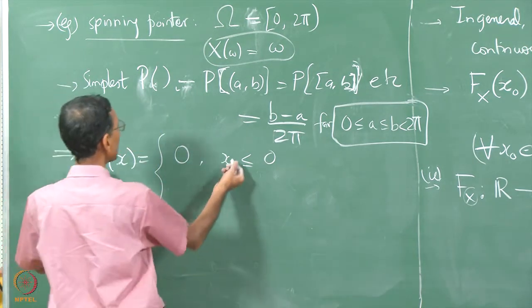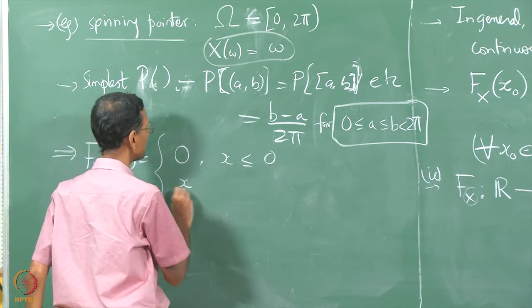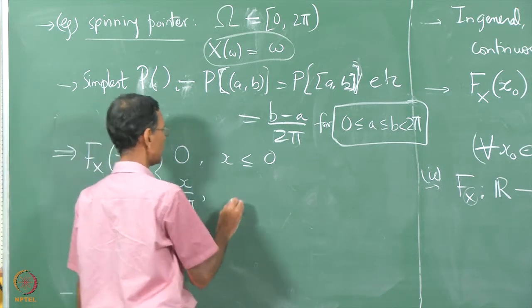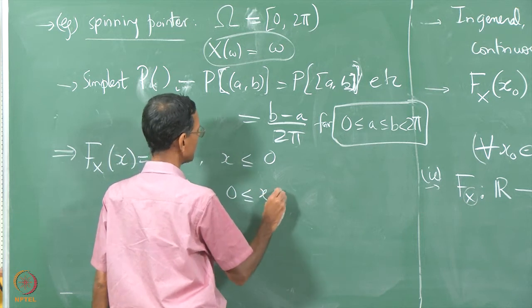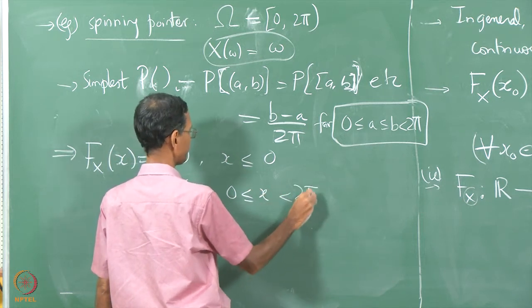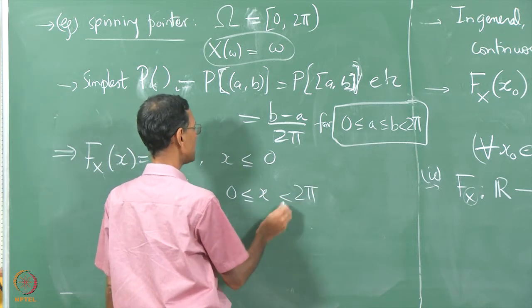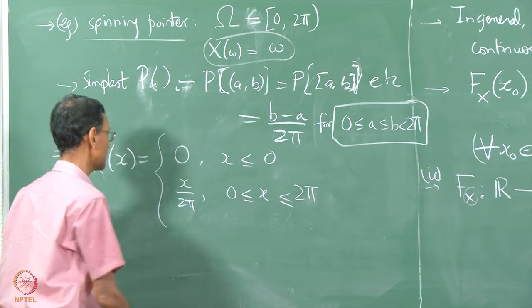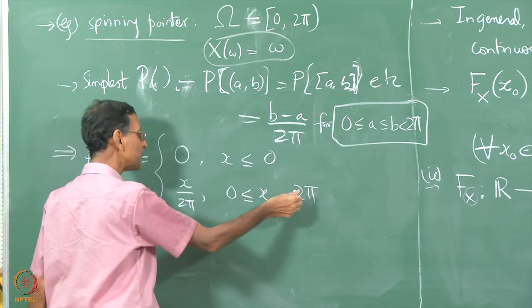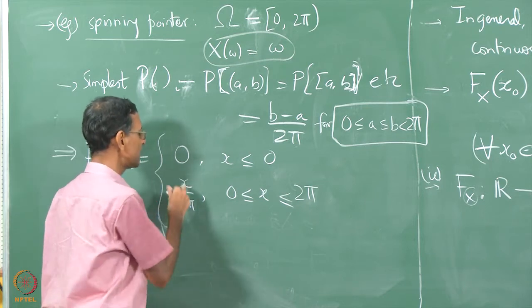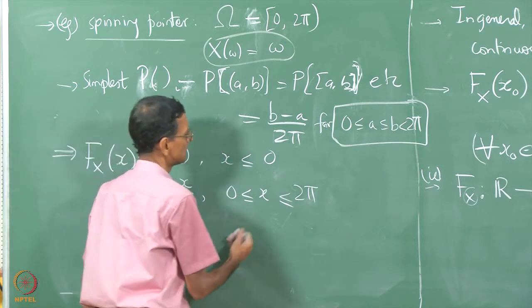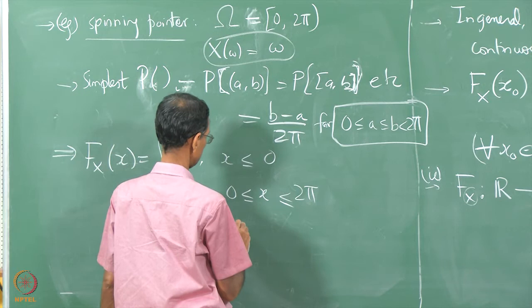Now if you take values of x between 0 and 2 pi, it becomes x divided by 2 pi, and in fact we can even put an equality here, because if you put x equal to 2 pi, it basically becomes 1.